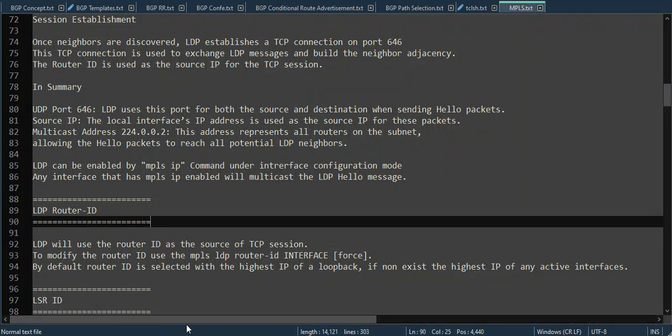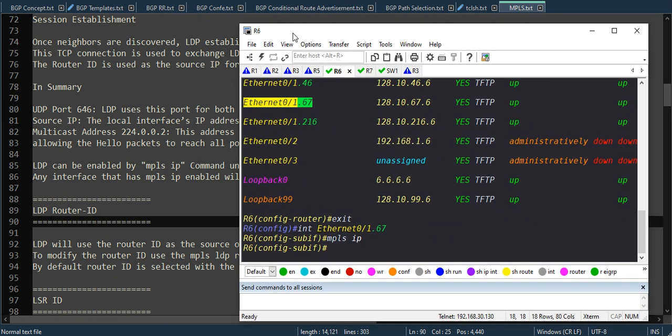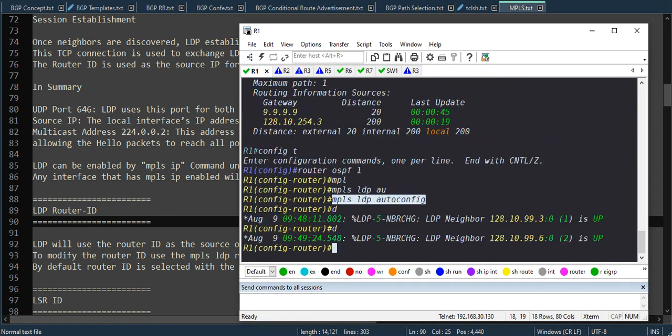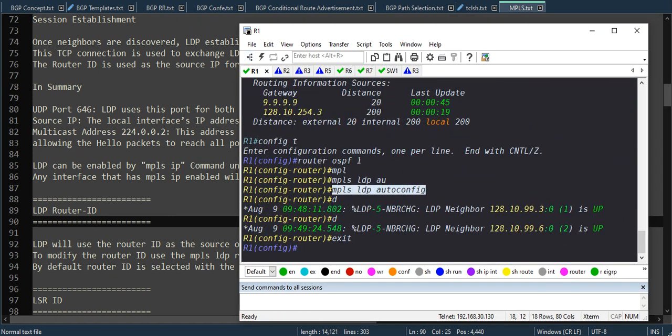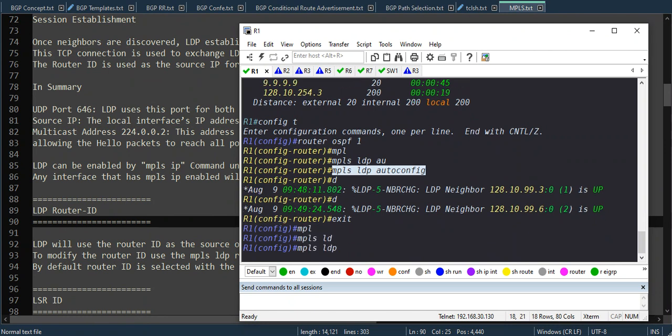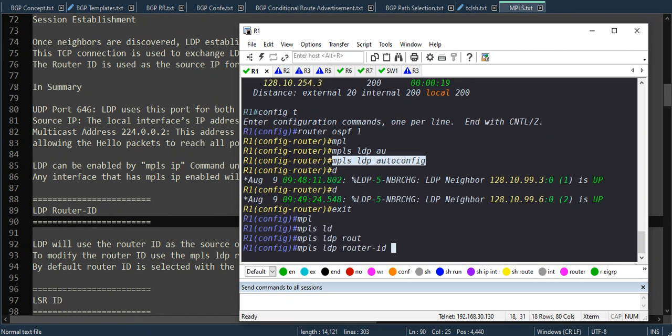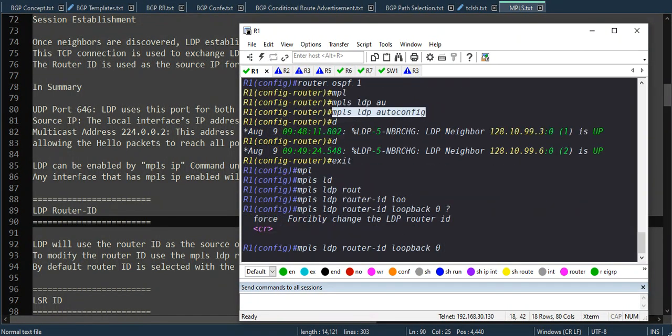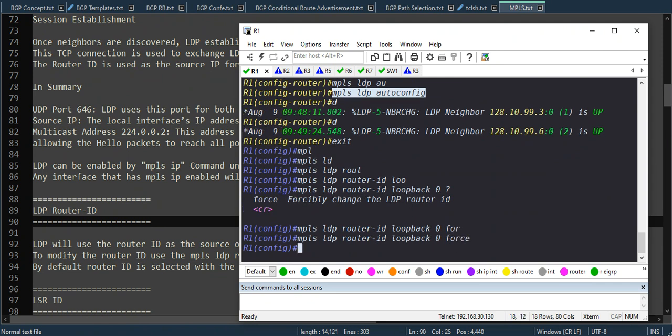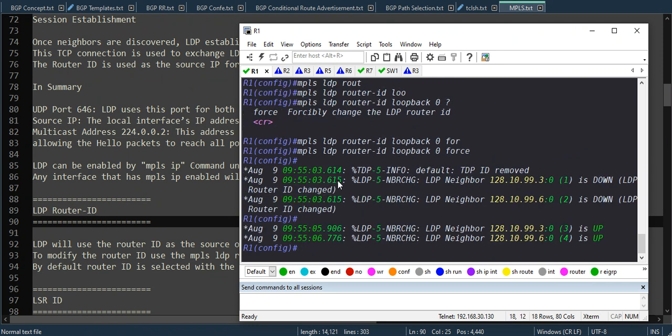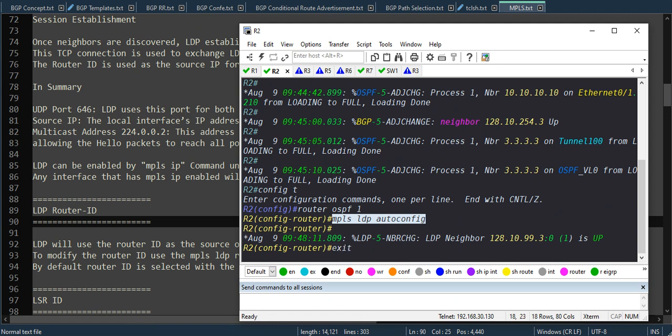Okay, let's do this. Exit. MPLS LDP router ID unspecified loopback. There I can specify force. Same as here.